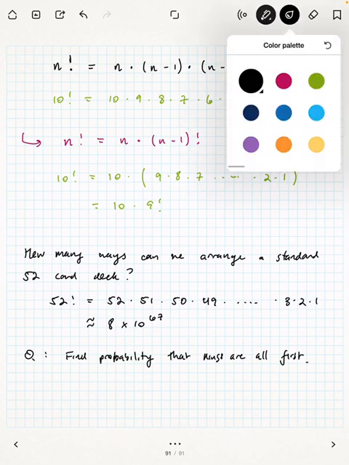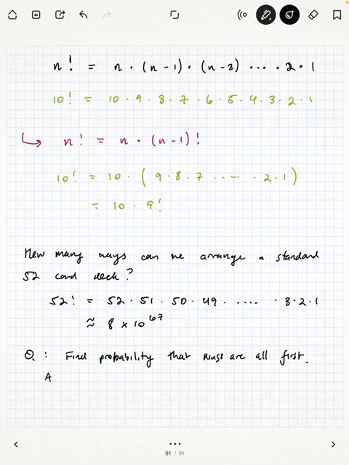So let's call A the event in which kings come first. Then we're going to be finding the number of elements in this set divided by the number of elements in the total realm of possibilities. So that probability is going to be however large that set is divided by 52 factorial.